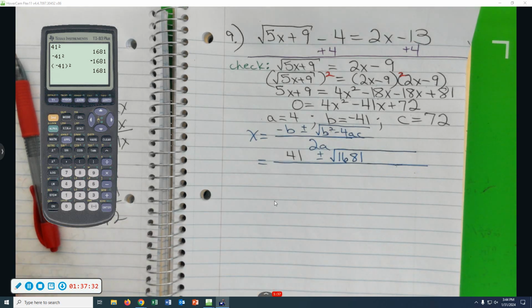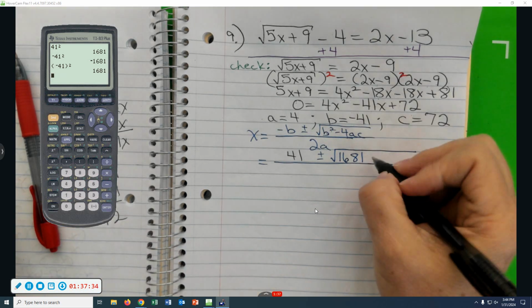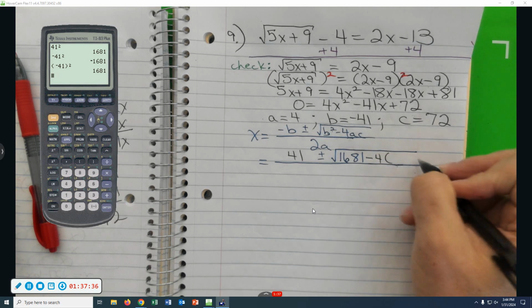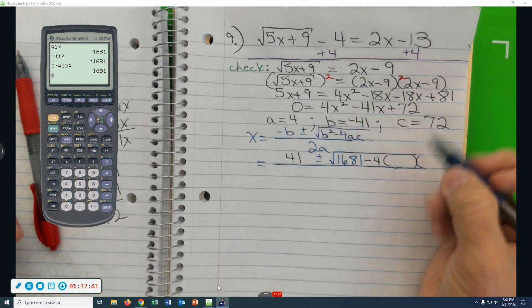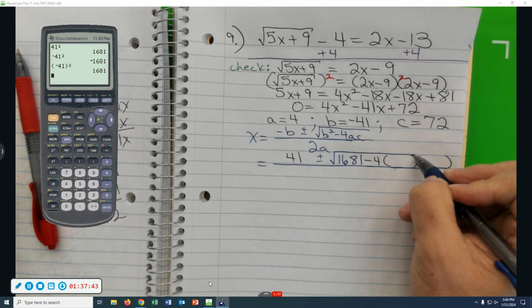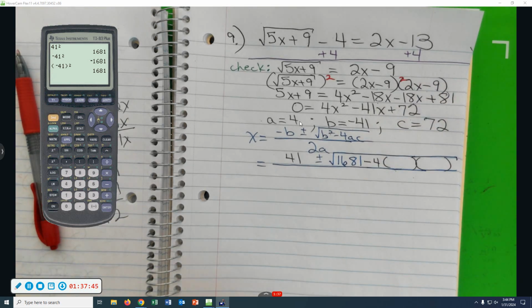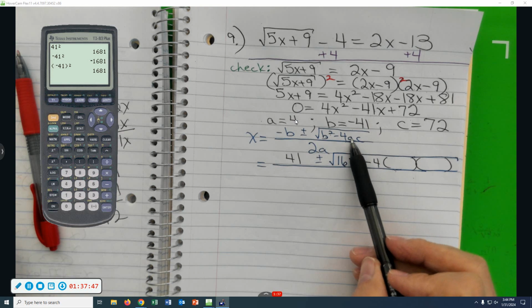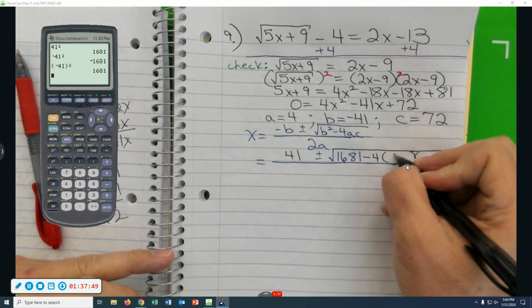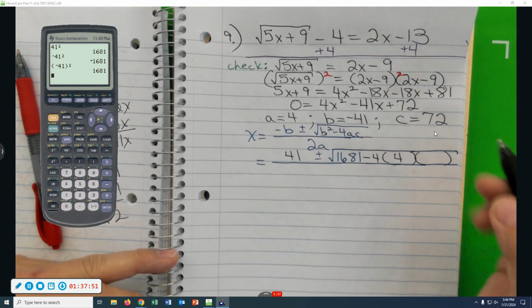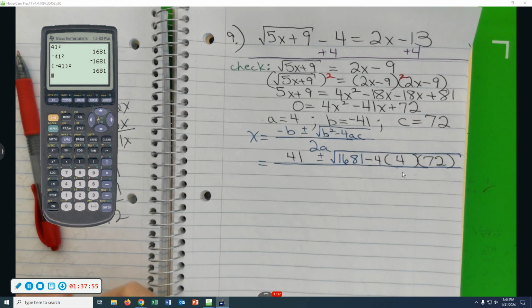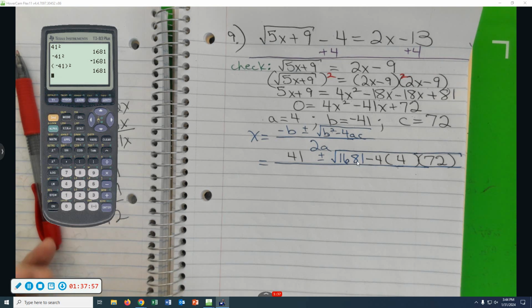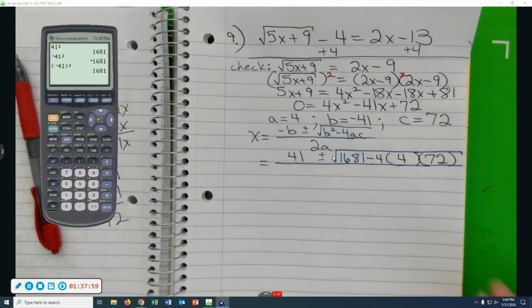And then minus 4, parentheses, A is 4, and C is 72. I want to do this the way Tony was doing it on Monday. Remember, I'd punch into the calculator what's under here, and the last time, well, the numbers were so small.